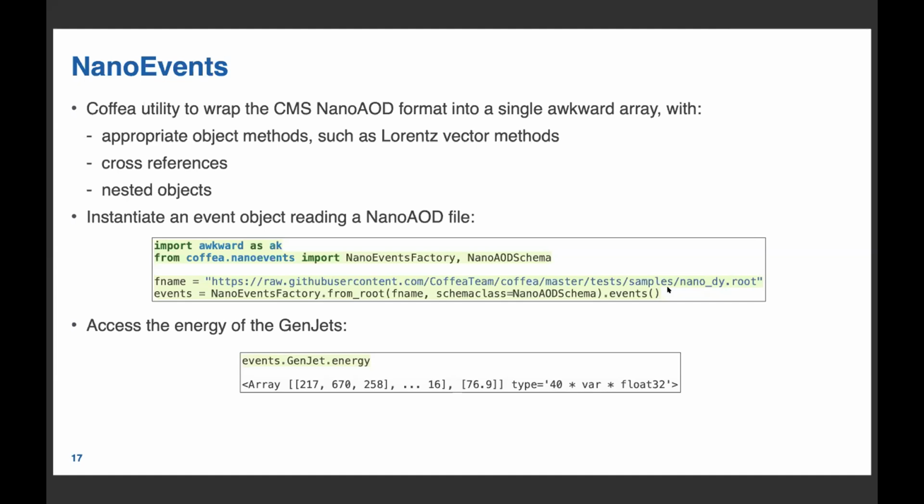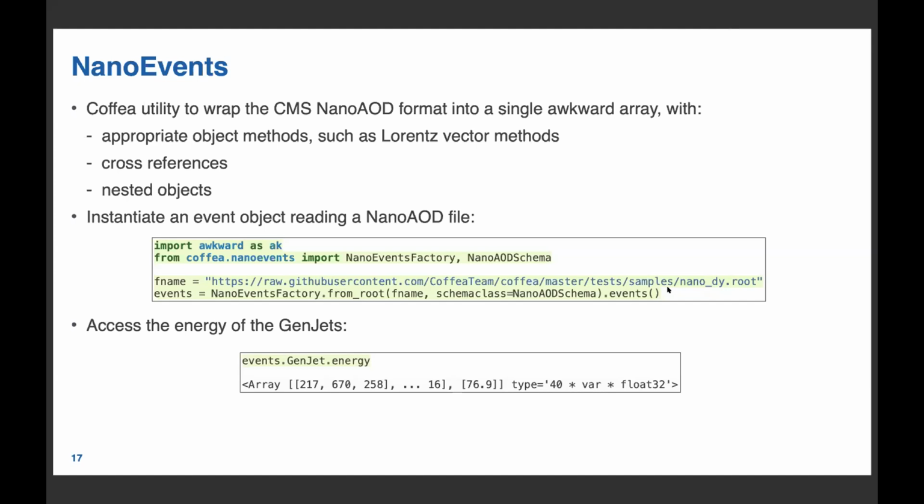And it keeps all the cross references that Andrea described before, for example for cleaning jets from muons, or better said, from particles that share the same PF candidate. Those cross references are preserved in Coffea in the form of the schema implemented in NanoEvents.